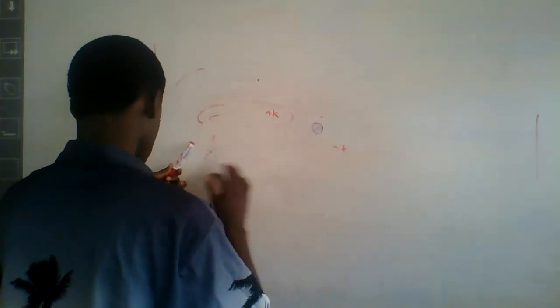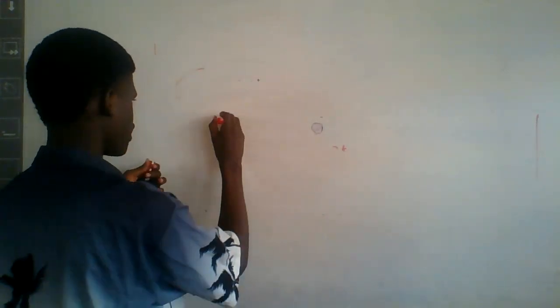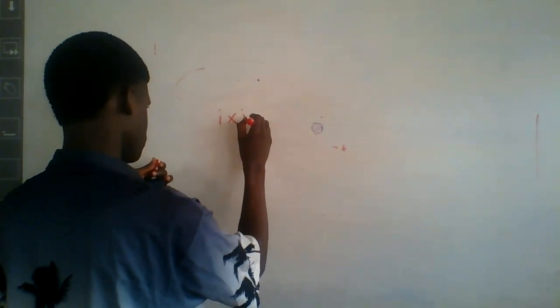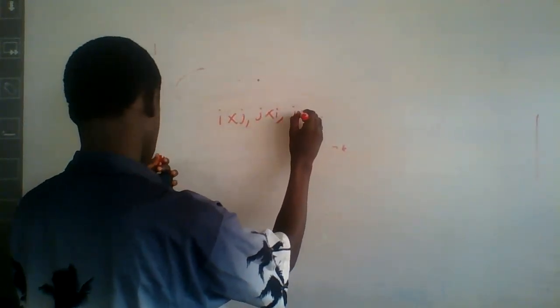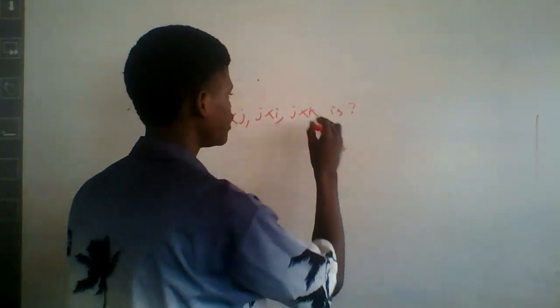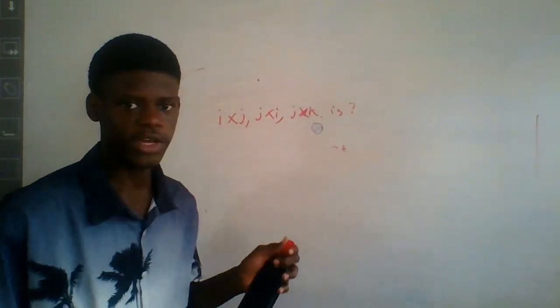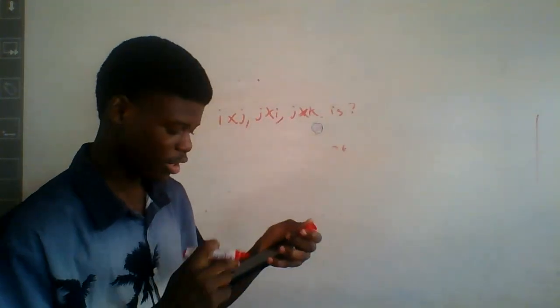Question number 10. We are asked the cross product of I cross J, J cross I, and J cross K. This is going to be very easy if you know our vector circle, which I'm going to upload after this video.